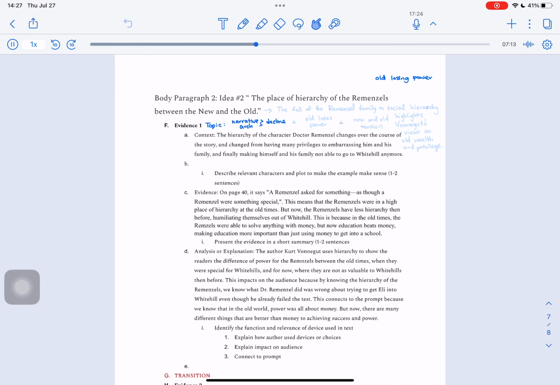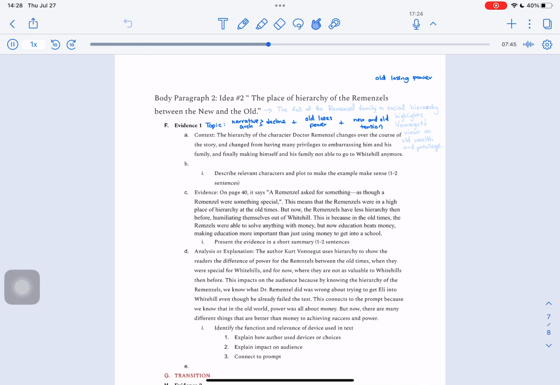Okay, so then the decline, and then what are we talking about? What was the other thing? Author's message is the old loses power. And then the prompt: new and old. Tension. Okay.